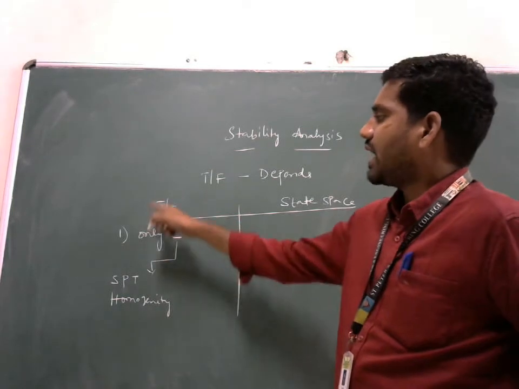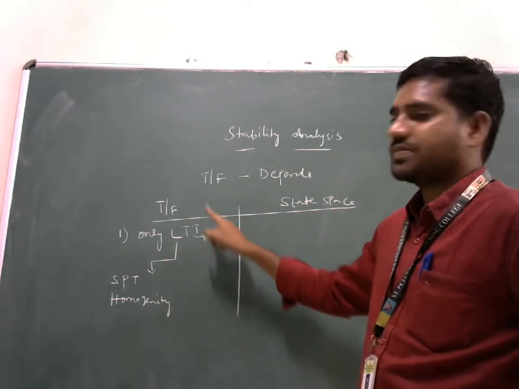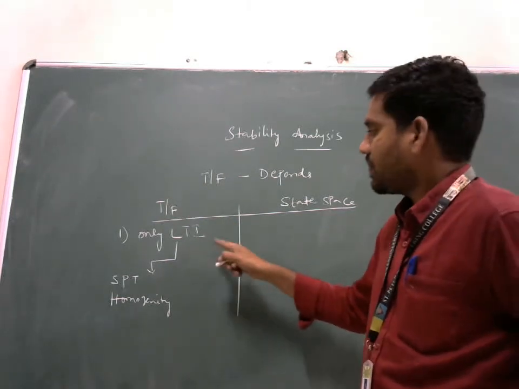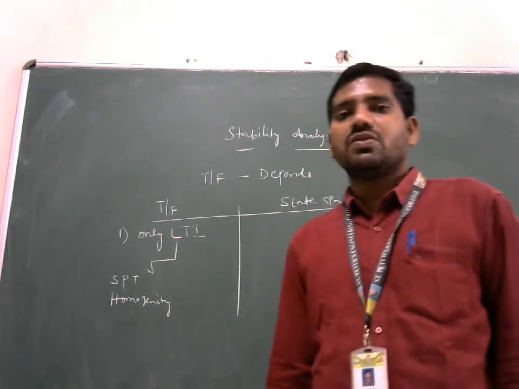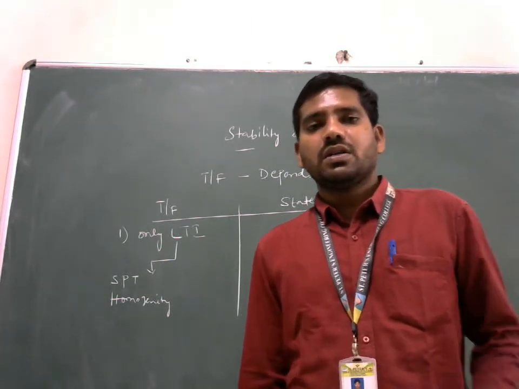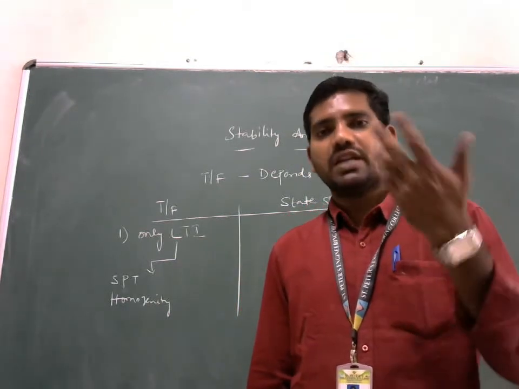Whenever you want to find the stability of linear time invariant systems, we can use transfer function analysis. But in general scenarios, not all systems are linear systems. They have different types of systems.